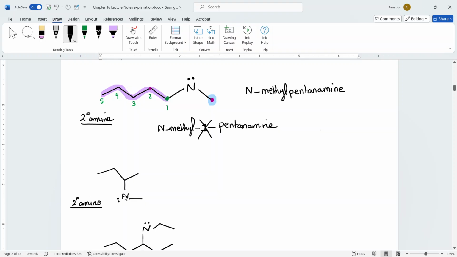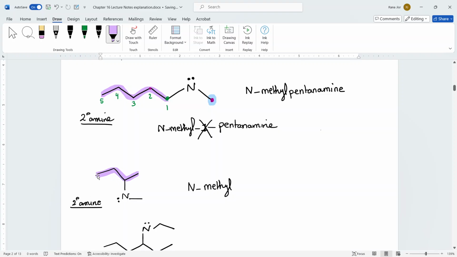Here the smallest carbon chain is a CH3. It belongs to the nitrogen, so my name here is going to be N-methyl. Then I move by the rule to choose the longest carbon chain connected on the other side of the nitrogen. Notice here, I did not choose 1, 2, 3 carbons. I chose the 4, all of them.